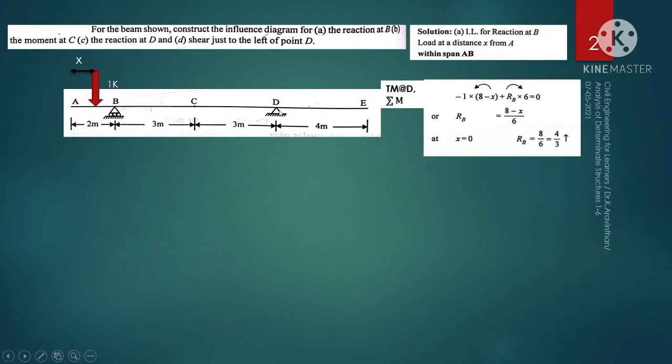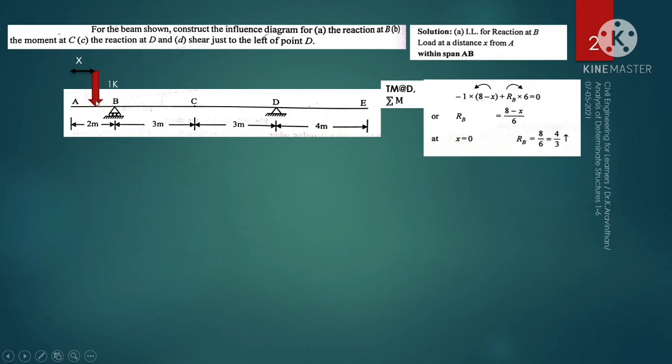If I am taking moment at D, I will get this reaction RB into distance 6. It will be clockwise, so with respect to D this will rotate clockwise. Hence it is plus RB into 6. And there is a load here.